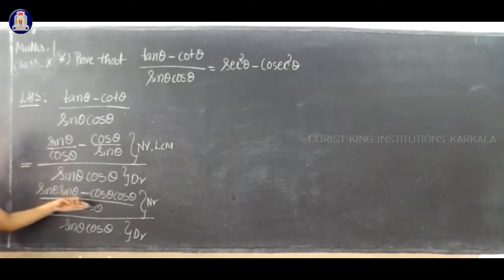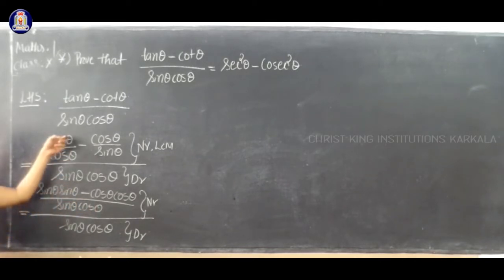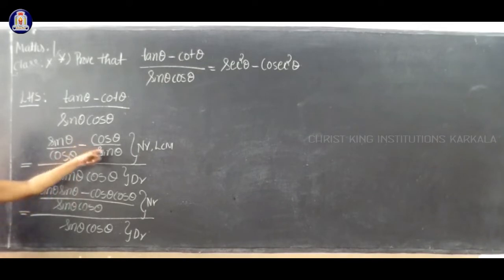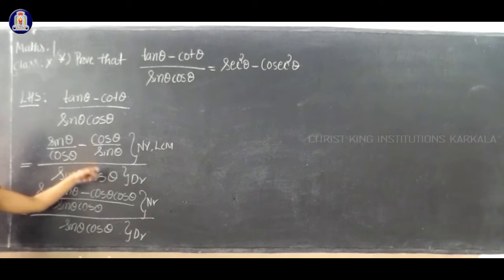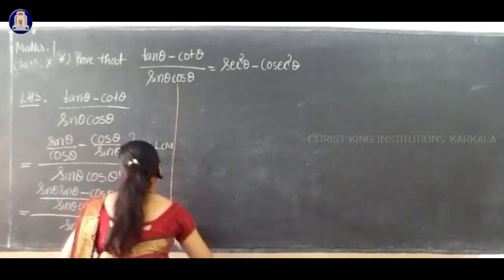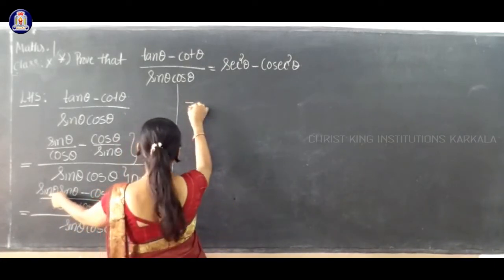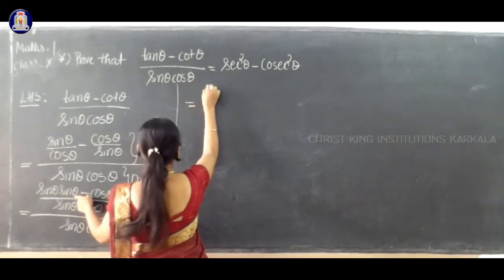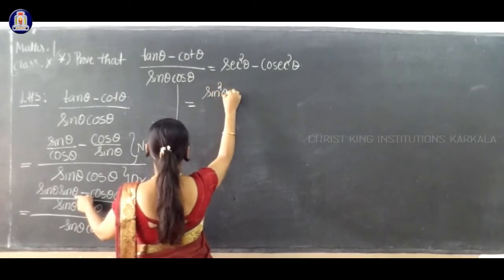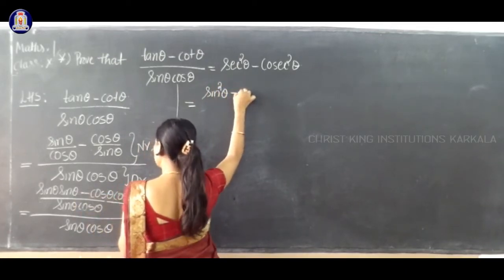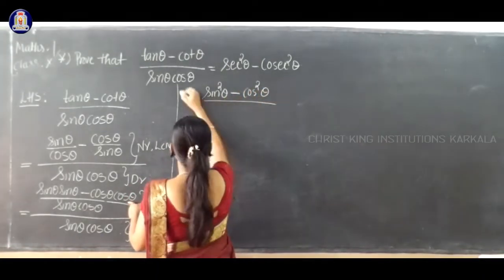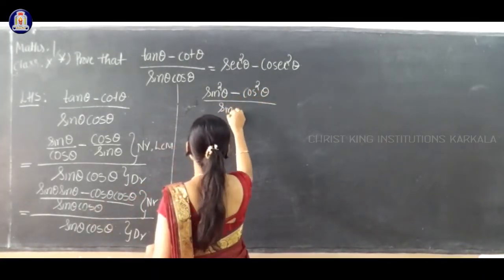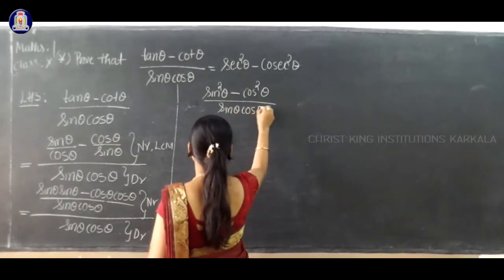Now cos theta and one cos cancel, sin theta into sin theta minus sin theta and sin theta cancel, cos theta into cos theta, and the denominator as it is. Now the numerator simplification: sin theta into sin theta is sin square theta minus cos theta into cos theta is cos square theta, divided by sin theta into cos theta.